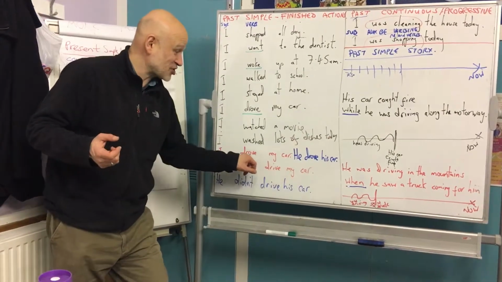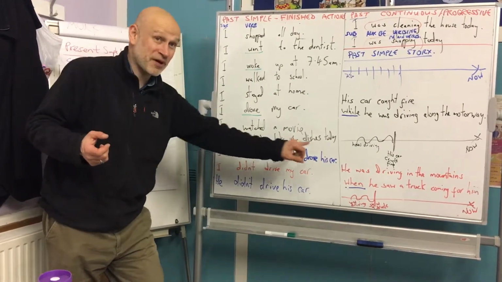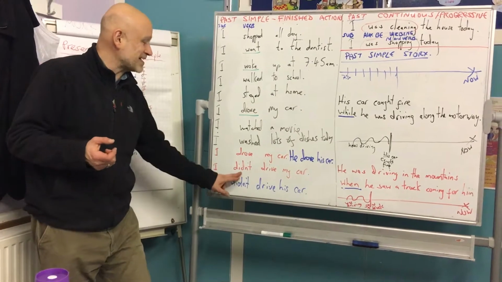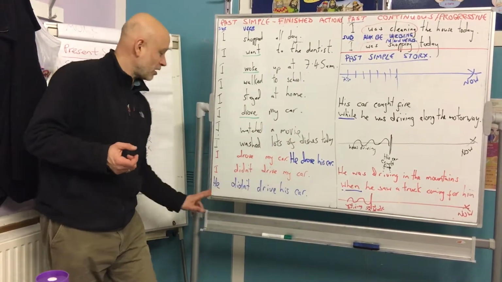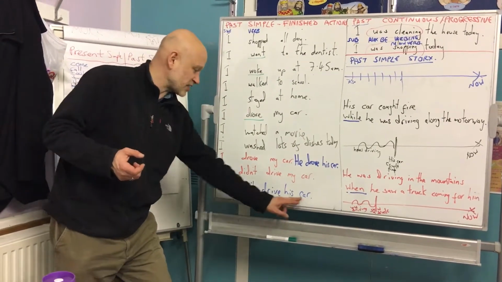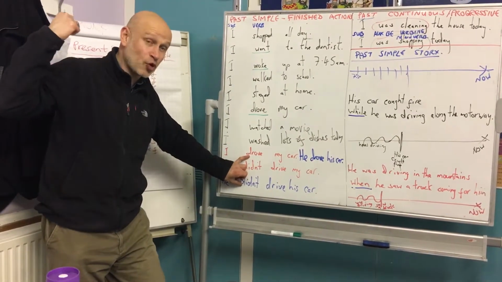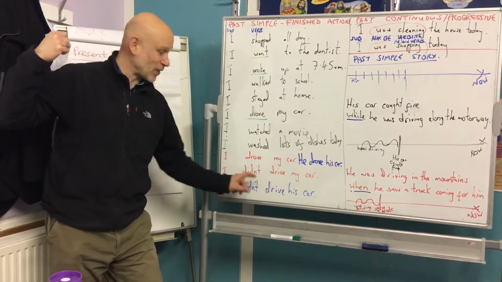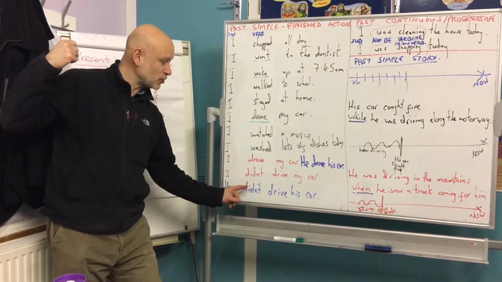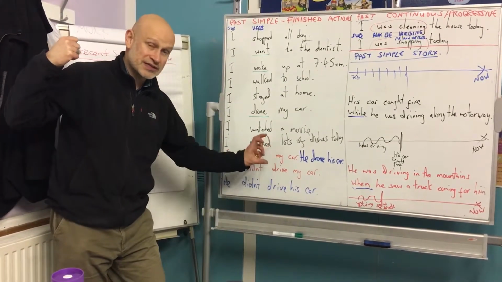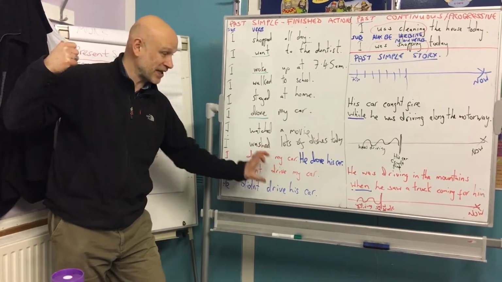The verb doesn't change in the past. I didn't drive my car, he didn't drive his car. Auxiliary verb in the past, always the same. And of course, whenever you use the auxiliary verb do, the present simple must be used as the main verb.